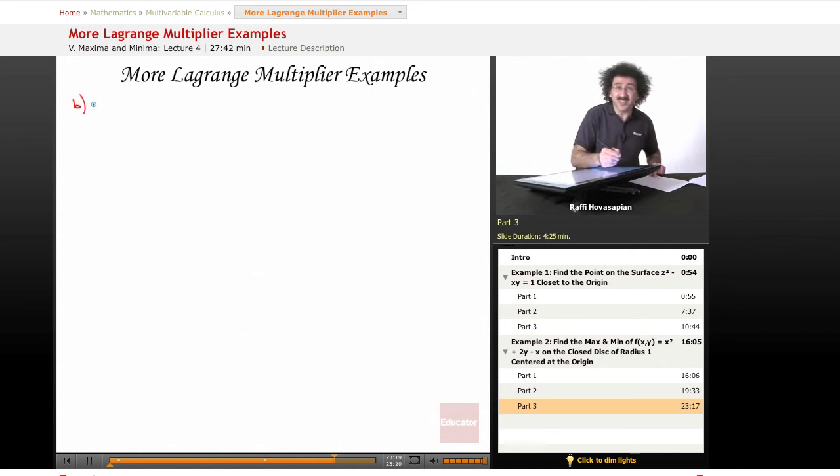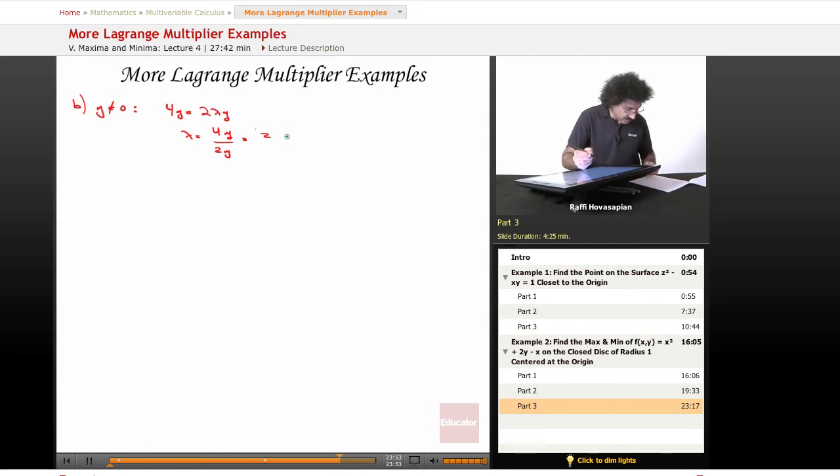Again, it seems like there's a lot going on, but usually you can make sense of it by just spending some time with it. So y does not equal 0. Well, when y does not equal 0, 4y equals 2 lambda y. That means lambda equals 4y over 2y, which equals 2.